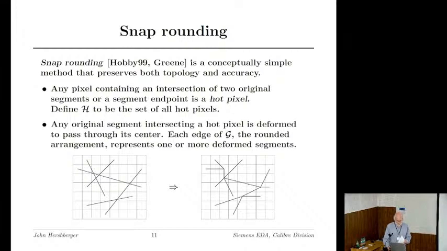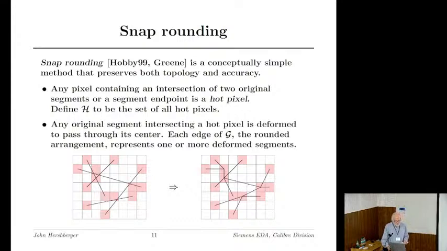Then any original segment that touches a hot pixel will be deformed to pass through the center of those hot pixels. And so each original segment is replaced by a polygonal path joining the centers of the hot pixels intersected by the original segment. And that means then that each edge of the rounded arrangement represents one or more deformed segments.